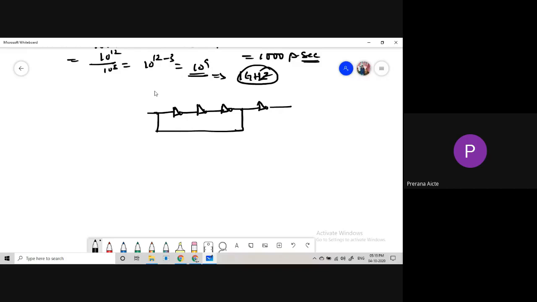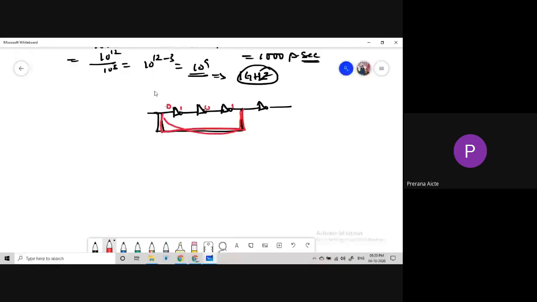Here the output is given again to the first NOT gate. So it is nothing but a square wave generator, and in the square wave generator this NOT gate is not included.